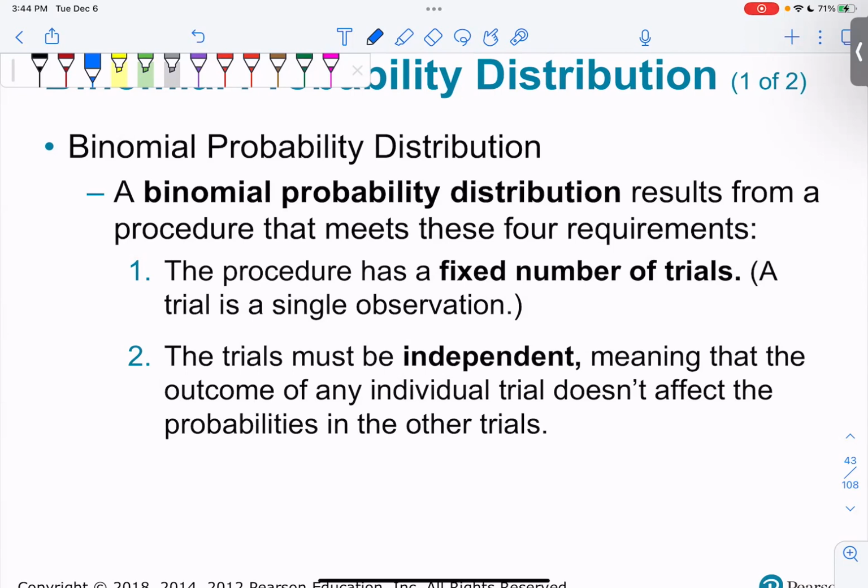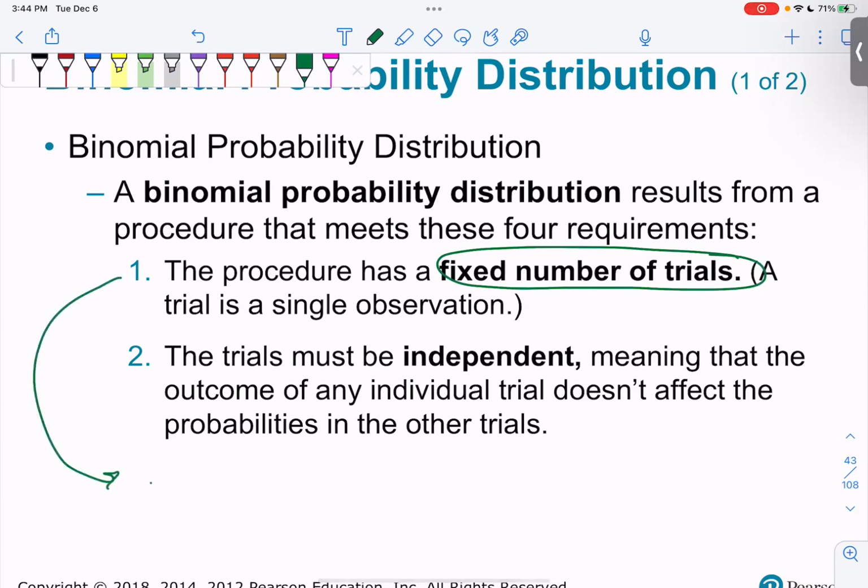The first requirement is a fixed number of experiments. We repeat the experiment some number of times, so the number of trials will be fixed. Usually the number of trials is represented as n. So n must be a specific number: 2, 10, 5, 10,000, it must be a specific number.